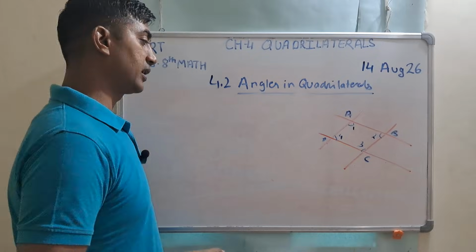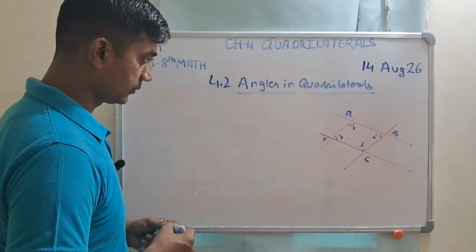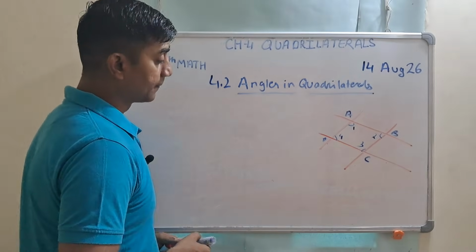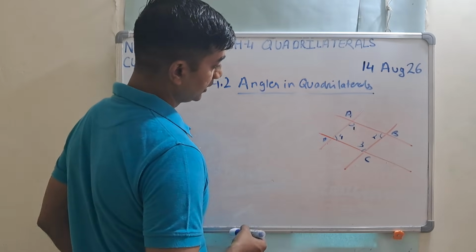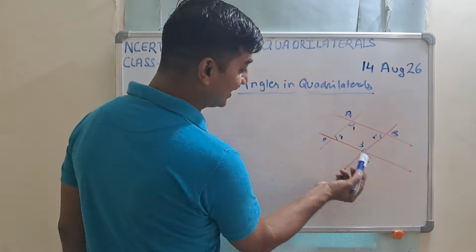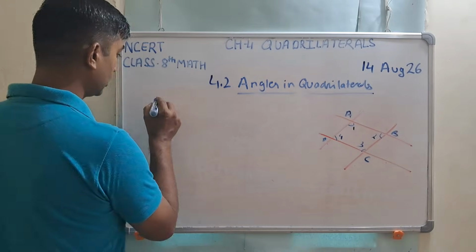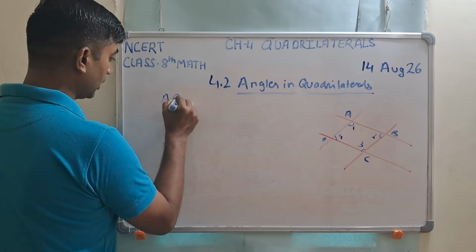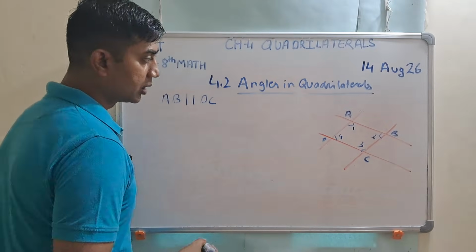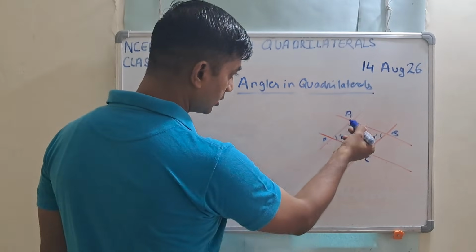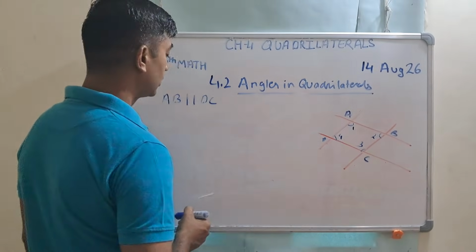Now we will see what the relation is between them. Now see, since AB and DC are parallel, AB is parallel to DC, understood? And AD is a transversal.